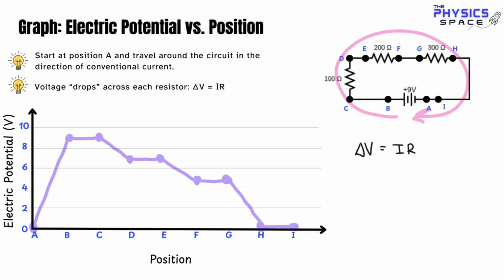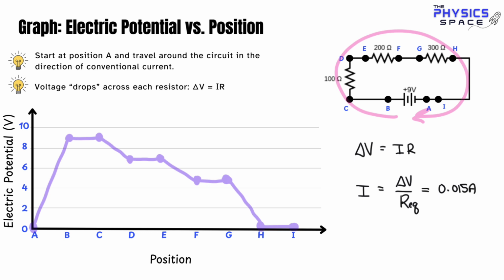And to find our current, we would also use that equation with the potential difference of our battery divided by the equivalent resistance of those 3 resistors that we have. Having done this math already with our battery voltage of 9 volts and an equivalent resistance of 600 ohms, our current through this circuit is about 0.015 amps.